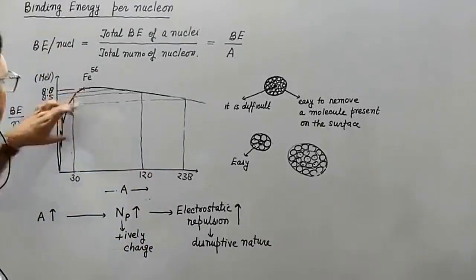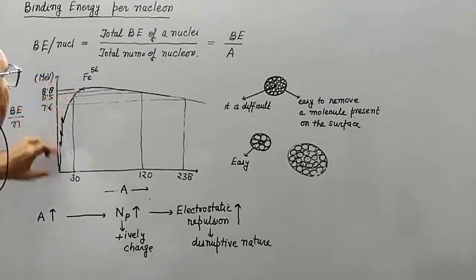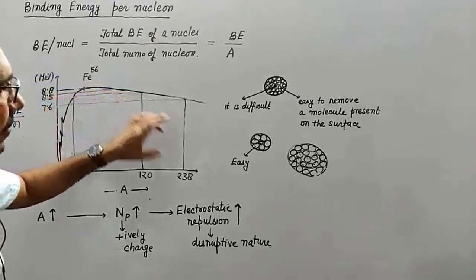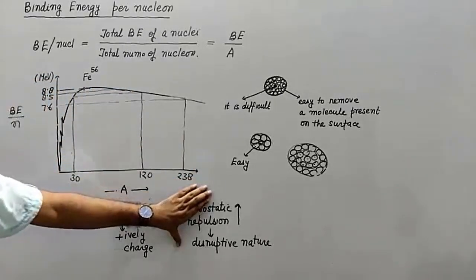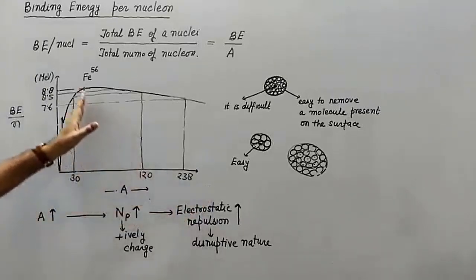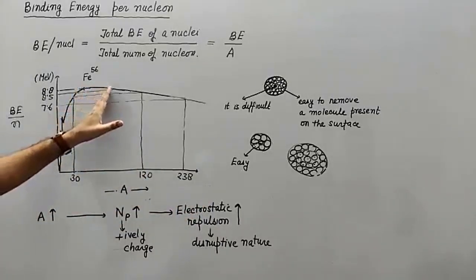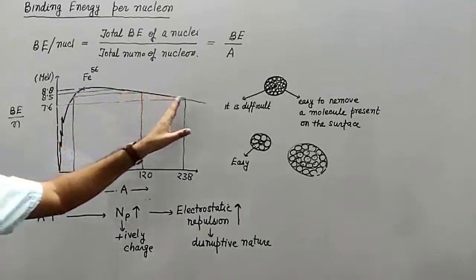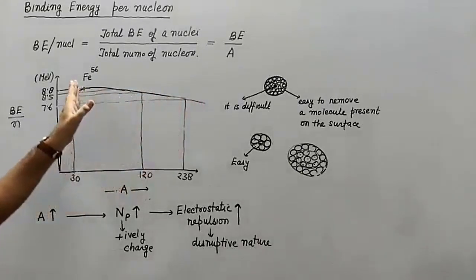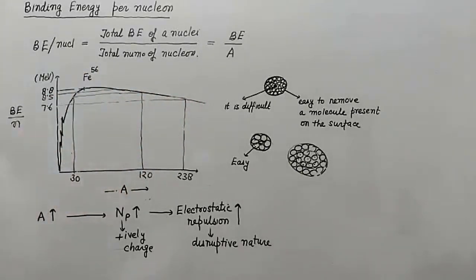So up to this point, the surface effect is more important. And after Fe56, this electrostatic repulsion becomes more dominant, as a result of which the binding energy per nucleon decreases. In this way, we can explain this.